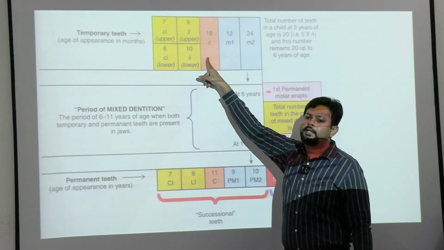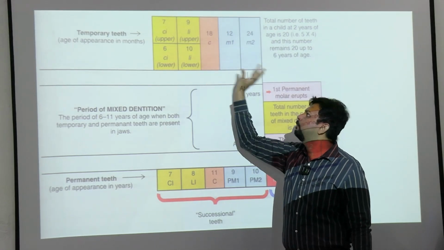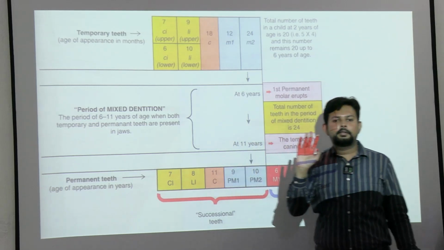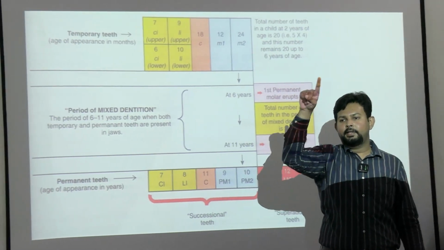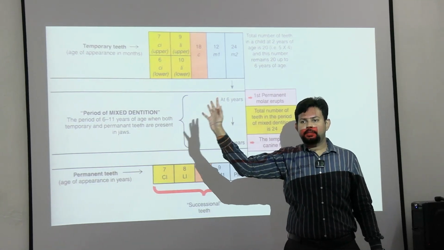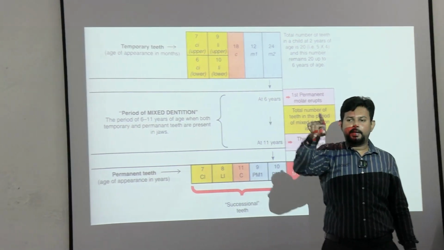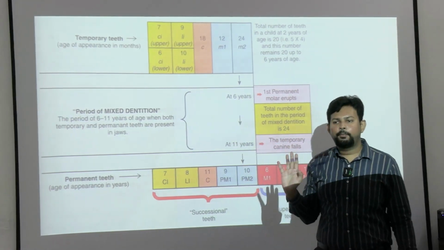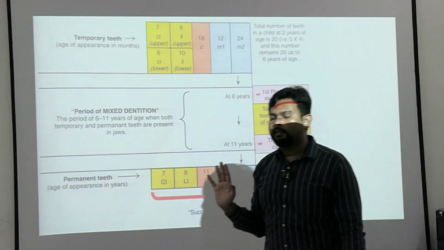And canines at 18 months. These are all in months. How to remember eruption? 6, 7, 9, 10, leave the 18 alone, go to the molars, 12, 24. Then come back again 18. Clear? This is for temporary teeth eruption.